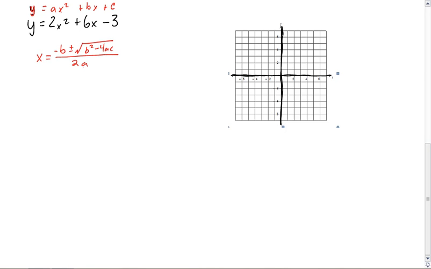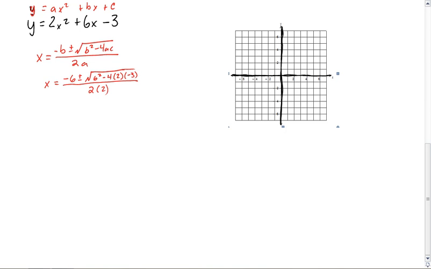We can do that and we will find the x-intercepts. So that would be negative 6 plus or minus the square root of 6 squared minus 4 times 2 times negative 3 all over 2 times 2.